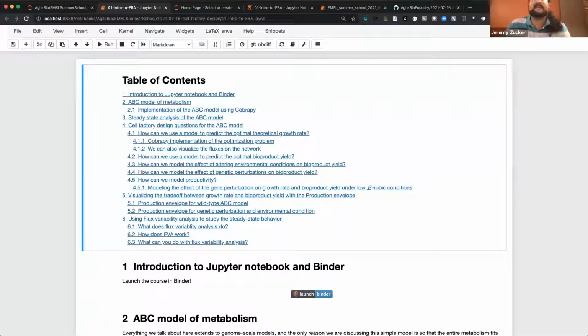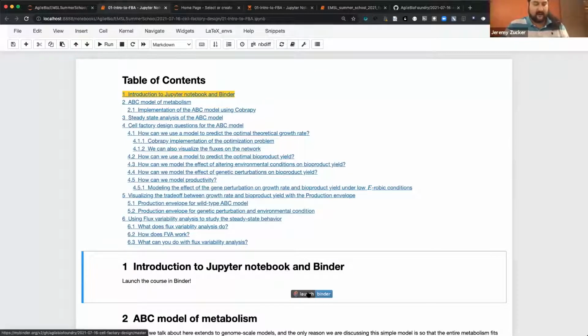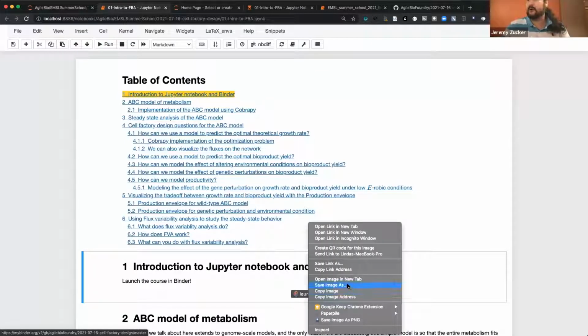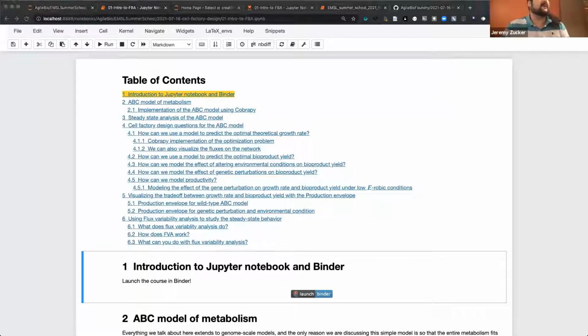And this is actually an interactive tutorial, and so I'm going to go ahead and put a link in the Discord. The idea is that you can just click on this link and it will automatically pull up a Jupyter notebook for you that you can execute alongside me while I'm executing things.